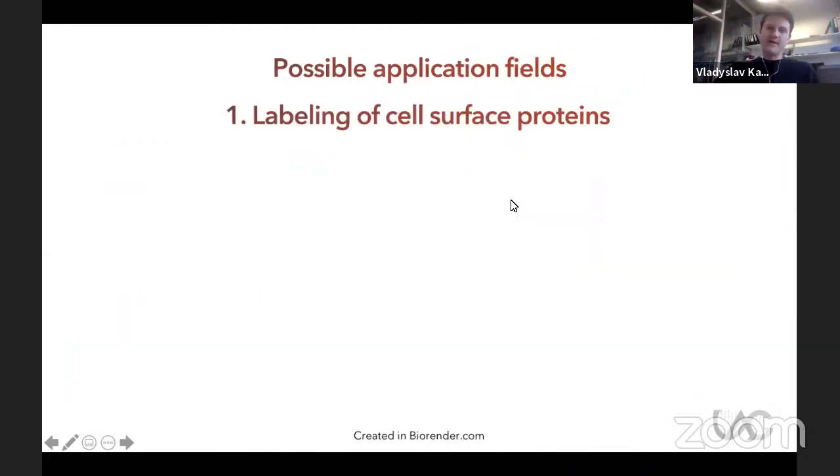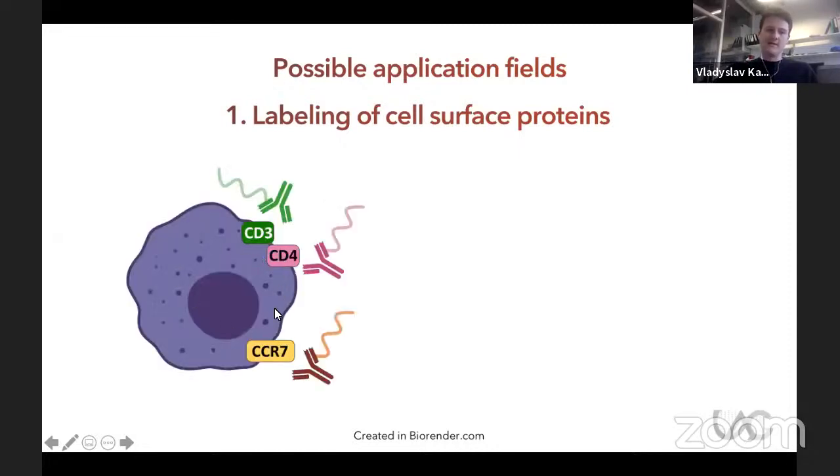So what are the possible application fields of this technique? Of course, the most obvious one is to label the cell surface proteins themselves. For example, you would have a cell, like in this case, a CD4 T cell with proteins like CD3, CD4, also some other proteins like CCR7, etc. And you have a specific antibody cocktail against the cell surface proteins.